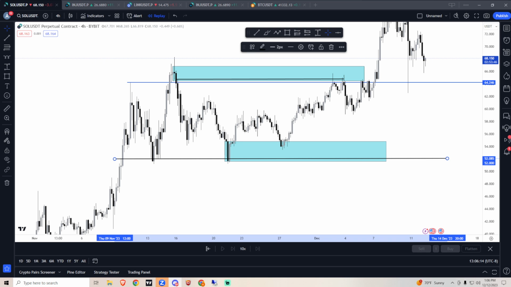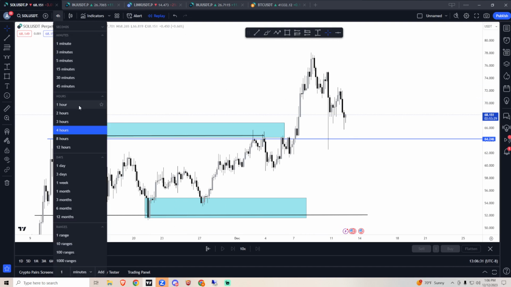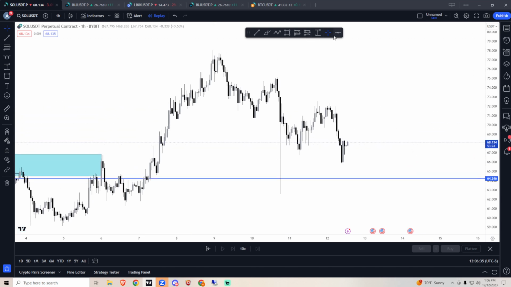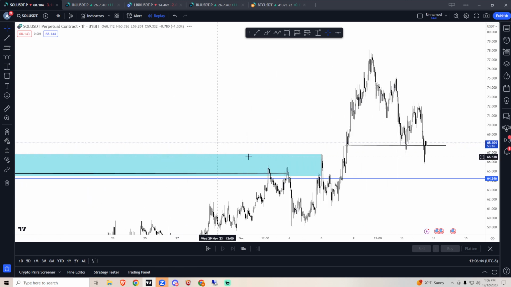Sol. What is your support? If you're taking a look at 1 hour charts, broke out, flipped it to support, right?